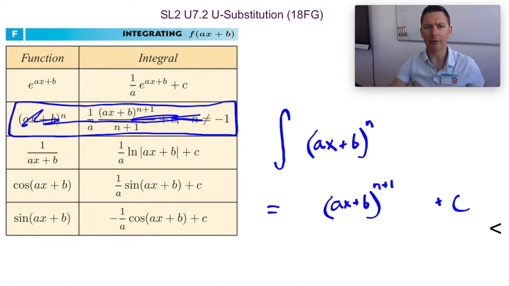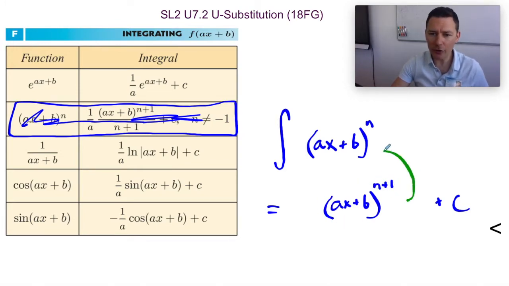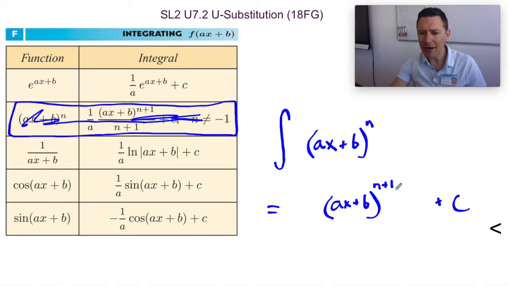And if you start with that frame of reference and then think about what would happen if you differentiated this. Well, I want it to turn back into this. Nothing in front here but a 1. So what we can do from there is say, okay, I know this would be multiplied by n plus 1 in front.